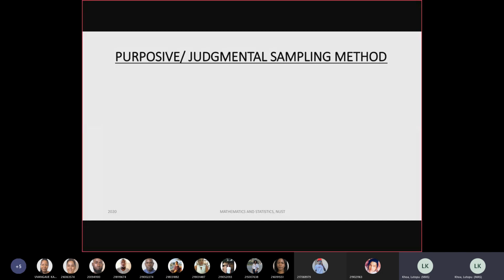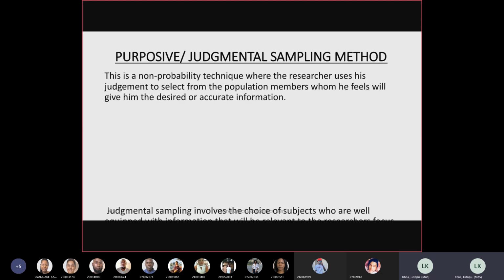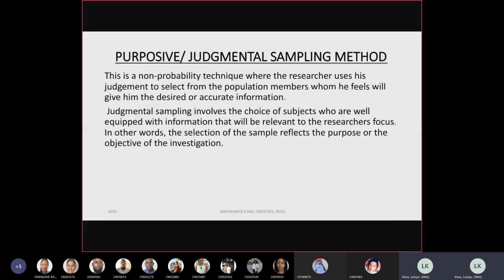And the next one is the purposive or the judgmental sampling method. So I mentioned this one last time as well, where I said this is where you use your judgment in deciding who forms part of the sample or not. So this is in cases, for example, where you are looking at a highly qualified or a very specific field.